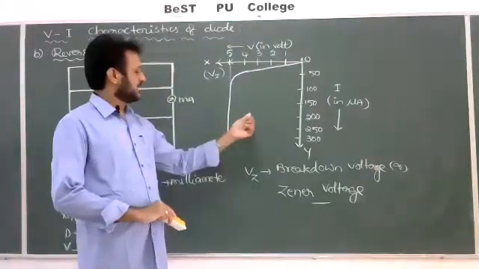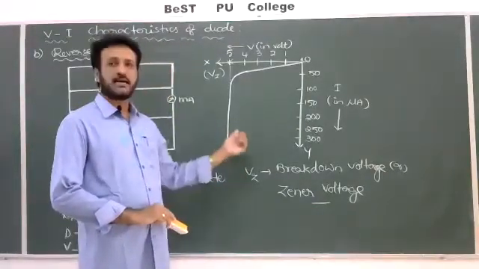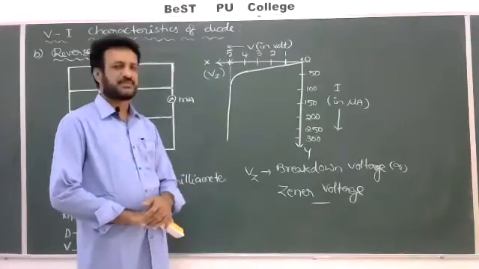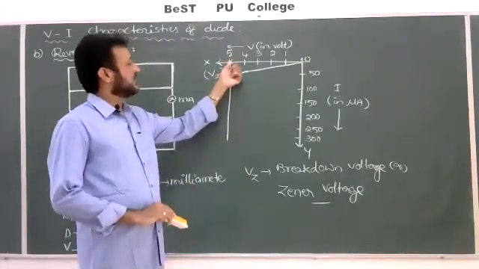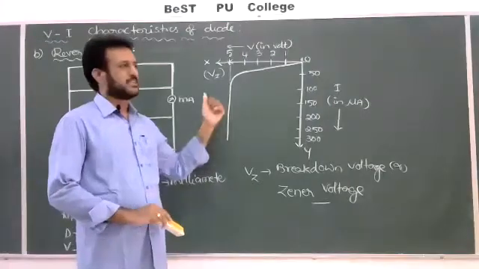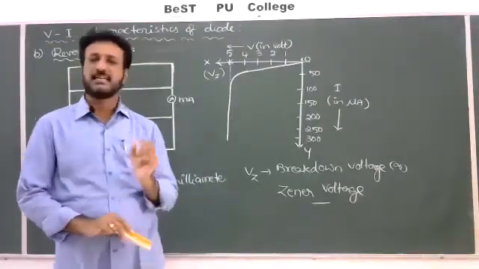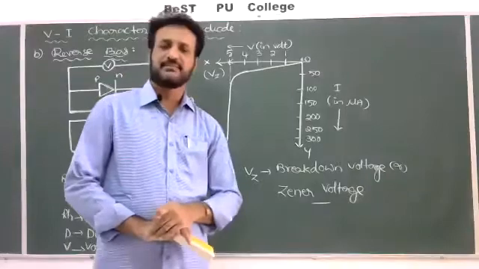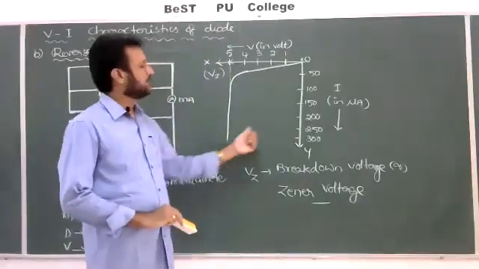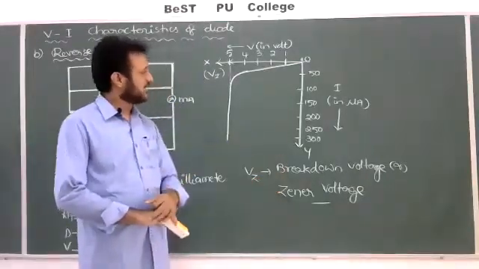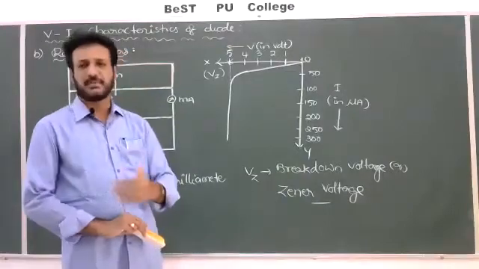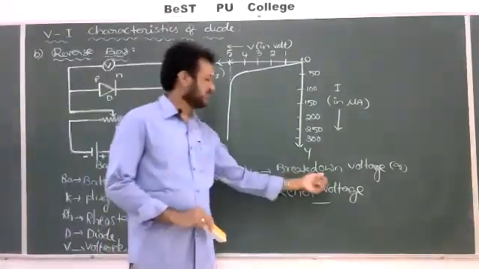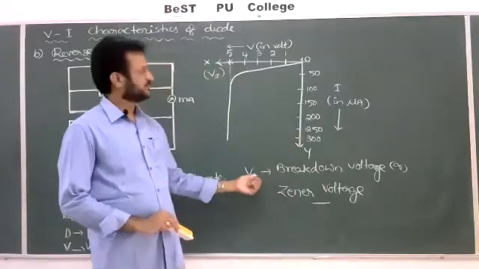When a diode is connected in reverse bias, the applied voltage at which the current increases suddenly is known as breakdown voltage or Zener voltage.